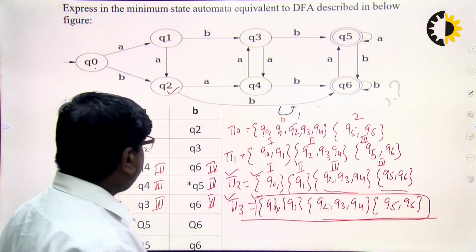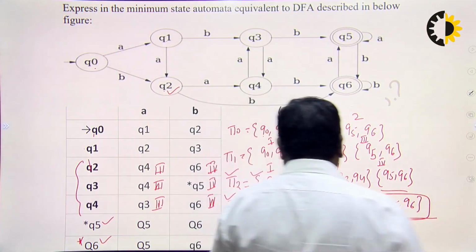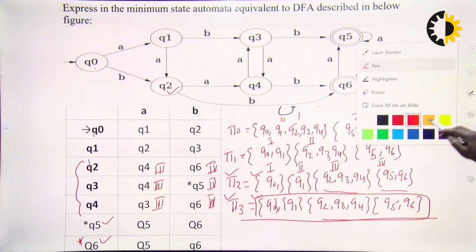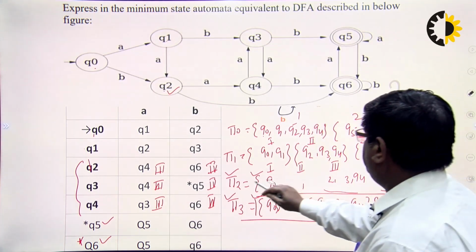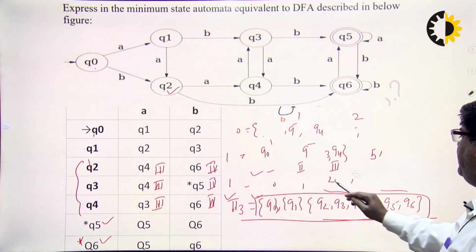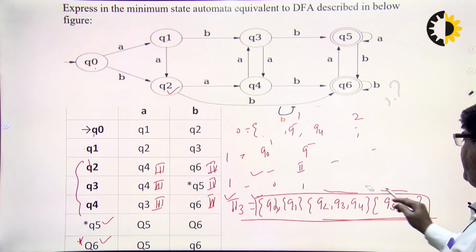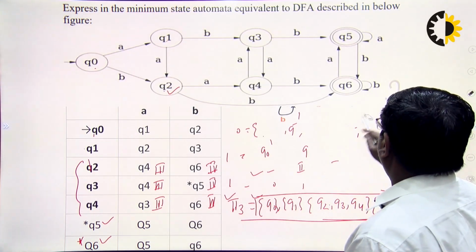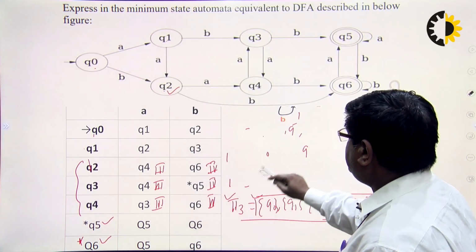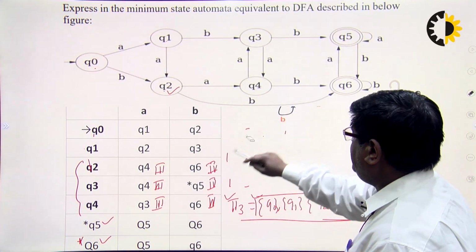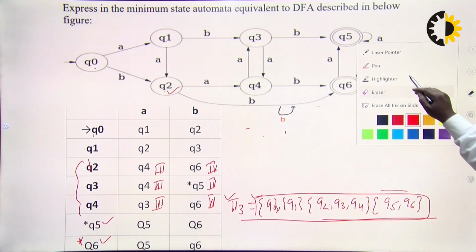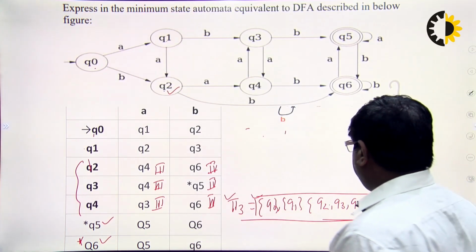Now, we also design the machine of this state. Now, how can we design? That is very simple designing of this DFA. Here we are going to design the minimized DFA using this answer. Now, how many states? That is very simple.